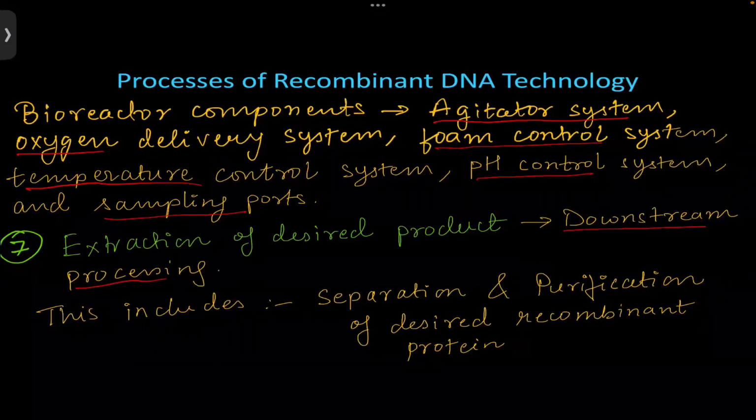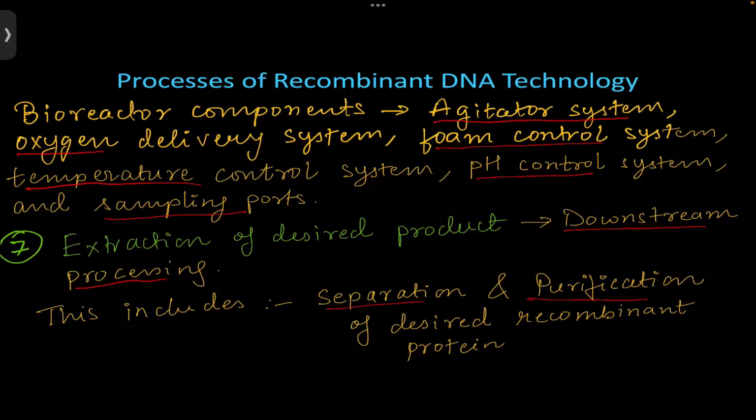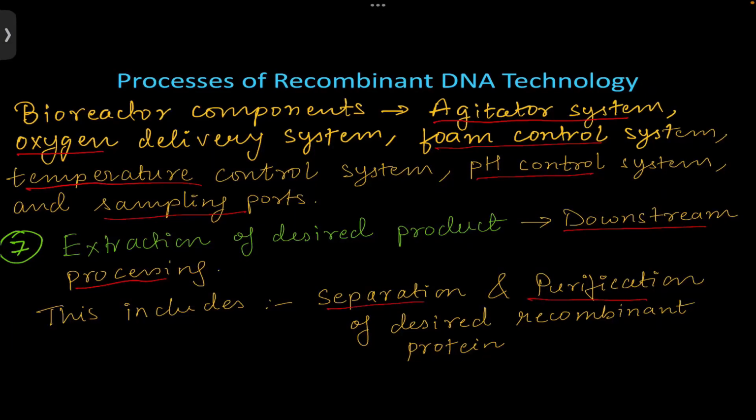It should be in its purest form. The more pure you make it, the more valuable it is; it will have its commercial value. So these two steps, separation and purification, come under the broad umbrella of downstream processing.